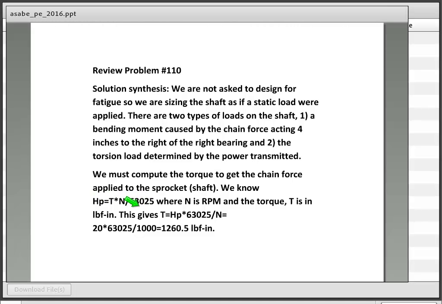Many times we just use it as 63,000, forget the 25, but it is a conversion for getting us from inch-pounds times RPM to horsepower. So if we do that, we can calculate the torque. 20 horsepower, what we're dealing with, and we got 1,000 RPM, gives us 1,260 inch-pounds force for the torque at that sprocket.